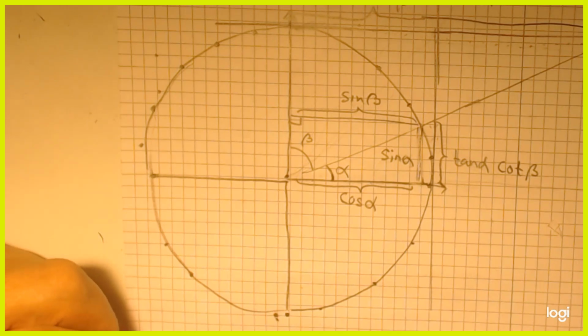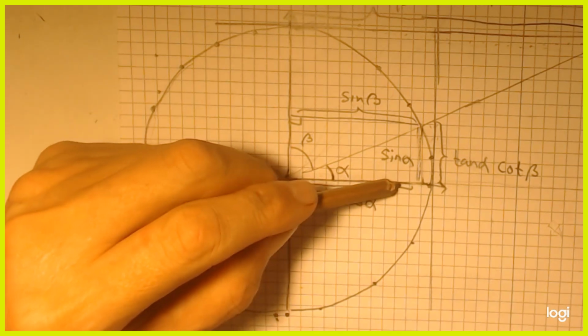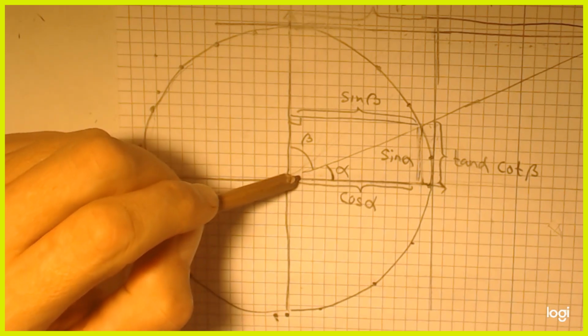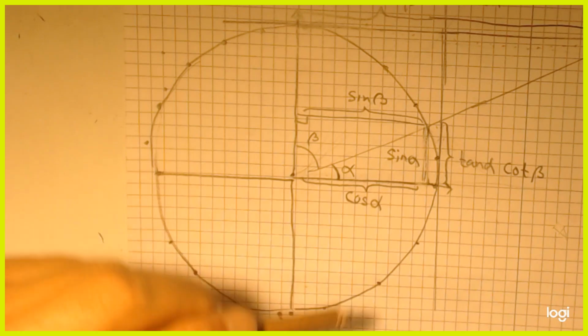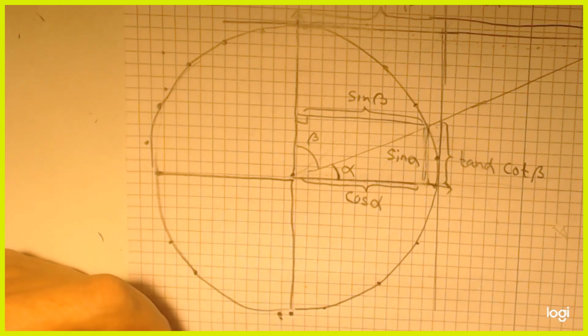Cosinus alpha is this side. And if we measure this side here, you'll have 10.8 length units. And then you divide it by 12.